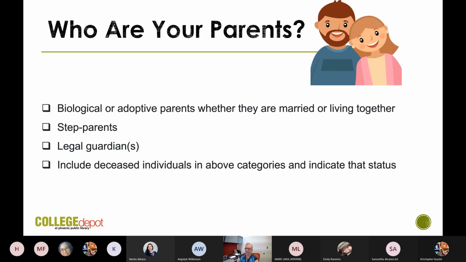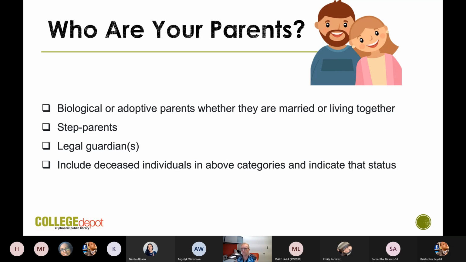And in a moment, it will ask you what the status of all of these parents is. So, biological or adoptive parent or parents, and stepparent if your biological or adoptive parent has remarried. But you have to do that same exercise for your non-custodial parent.